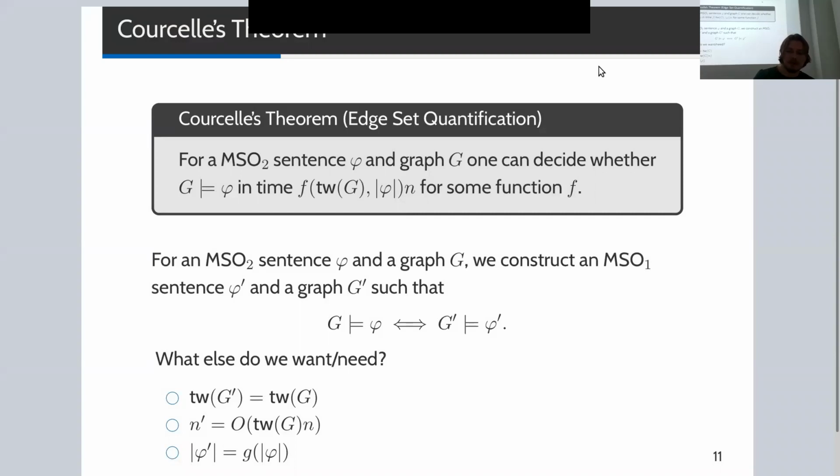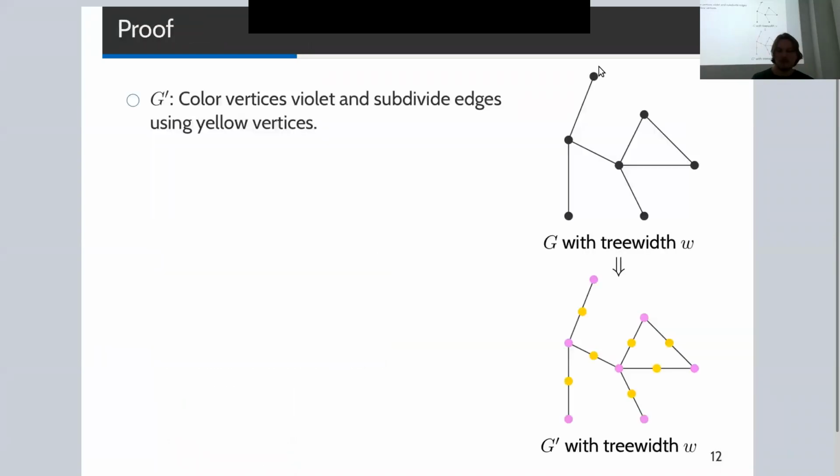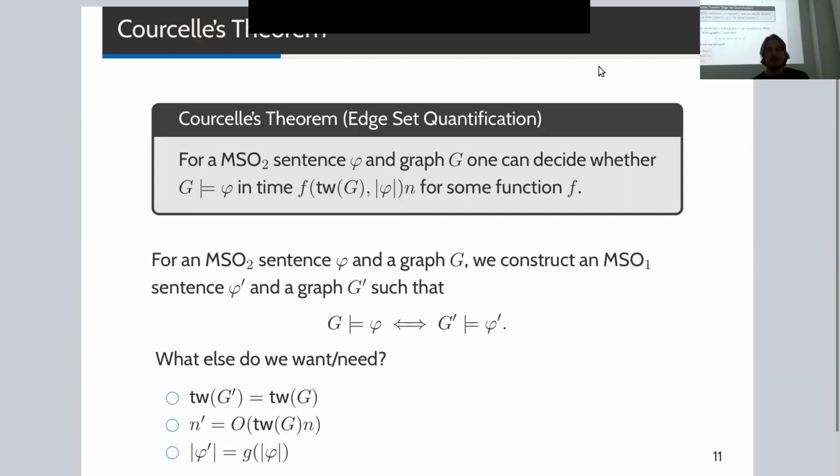So how do we do this reduction? So at first, let's construct G prime. Question here: can you go back? It needs to be linear. It says n prime is in order of tree width times n. So how is that linear?